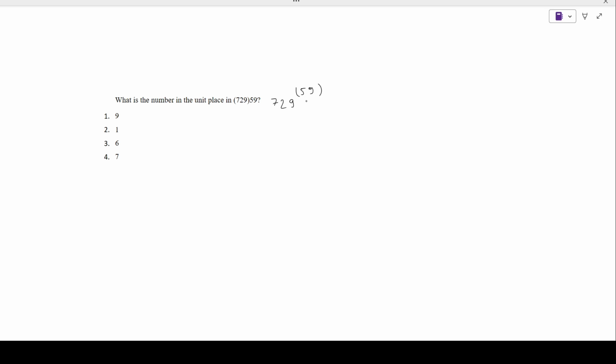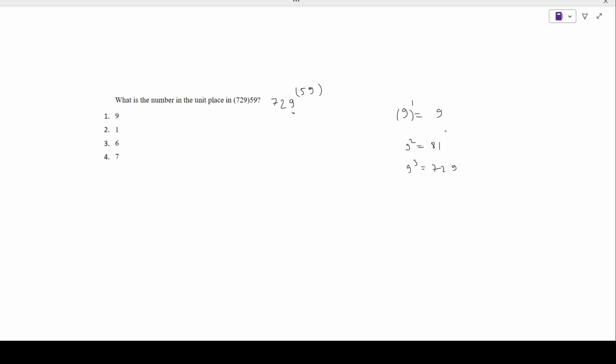Whenever you are asked a question where you have to find the digit in unit place, you take the unit place and write its powers as 9 to the power 1, we have 9, 9 to the power 2, 81, 9 to the power 3, 729.